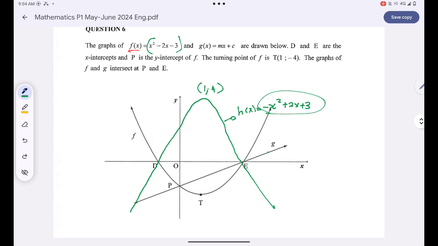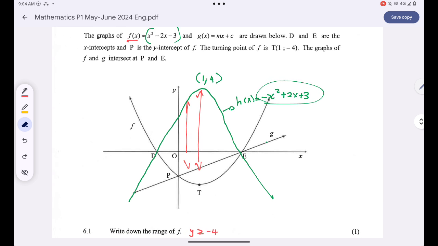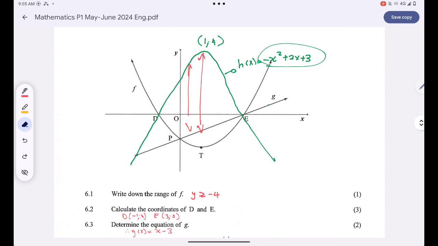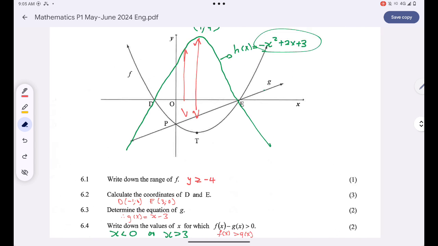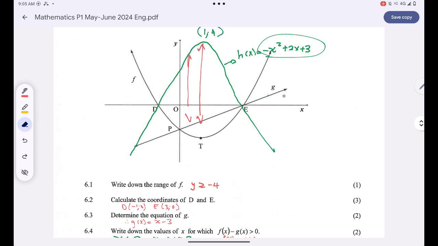They want us to find the maximum vertical distance between h and g. Since they want a vertical distance, guys, it's always the top graph minus the bottom graph. We'll call our distance d of x.